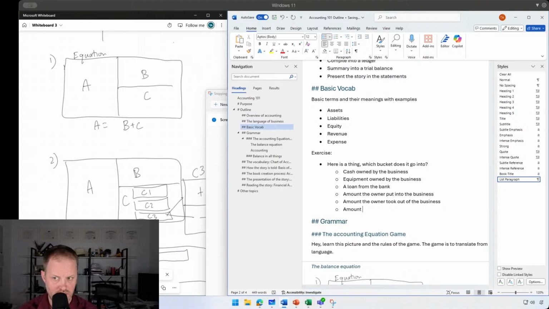The amount the owner owns free and clear.